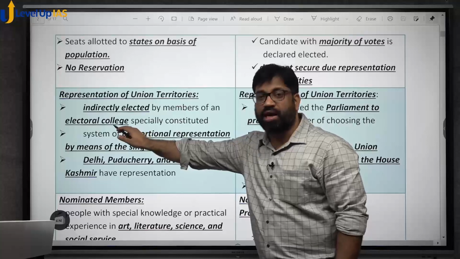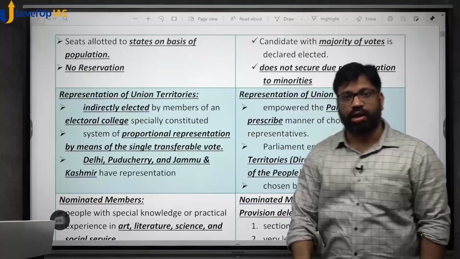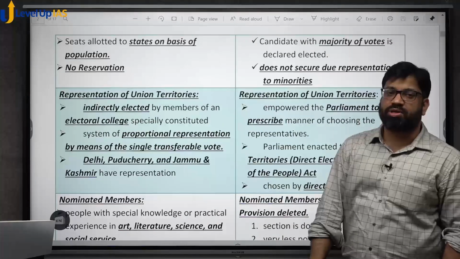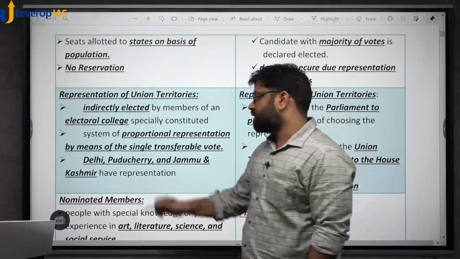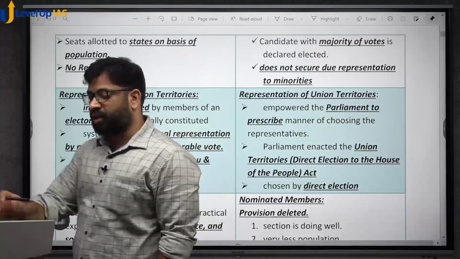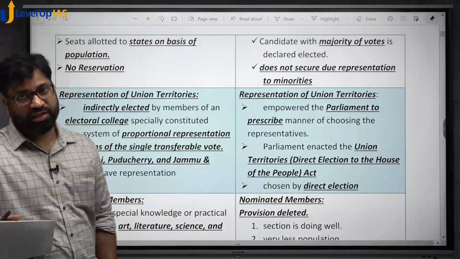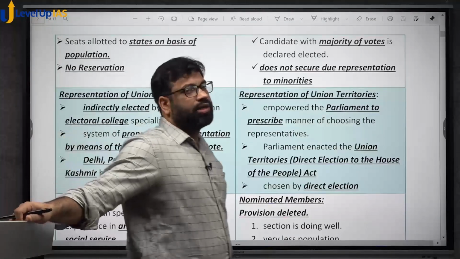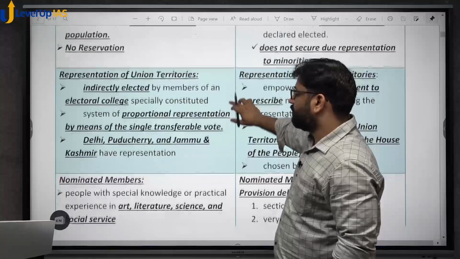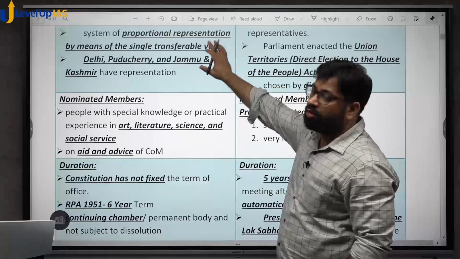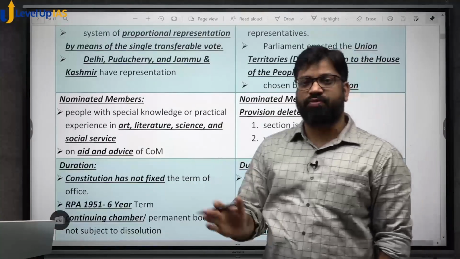What you need to understand is that there is an electoral college. Okay. They also follow the system of proportional representation by means of single transferable vote. And who has the representation? Delhi, Puducherry, and now Jammu and Kashmir as well. Okay. So that electoral college decides who will be voting for the Rajya Sabha members.